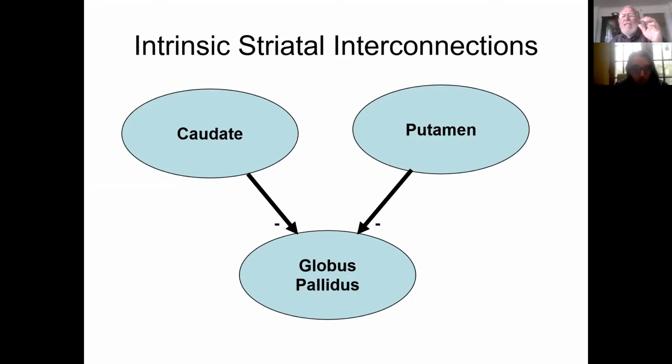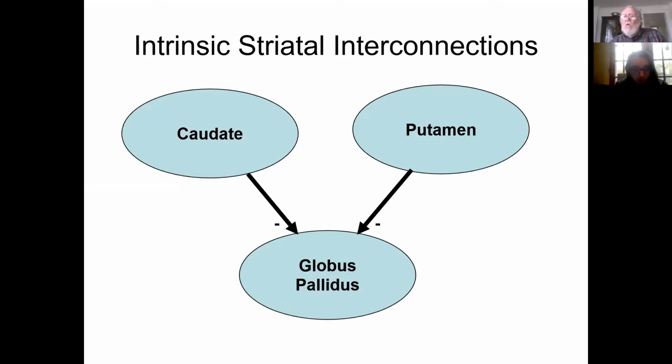The caudate and the putamen send their projections. They don't send their projections anywhere else. They're sending their projections to the globus pallidus. It's a unidirectional output. And as far as the caudate and putamen are concerned, they don't talk to the rest of the brain. They only talk to the globus pallidus.